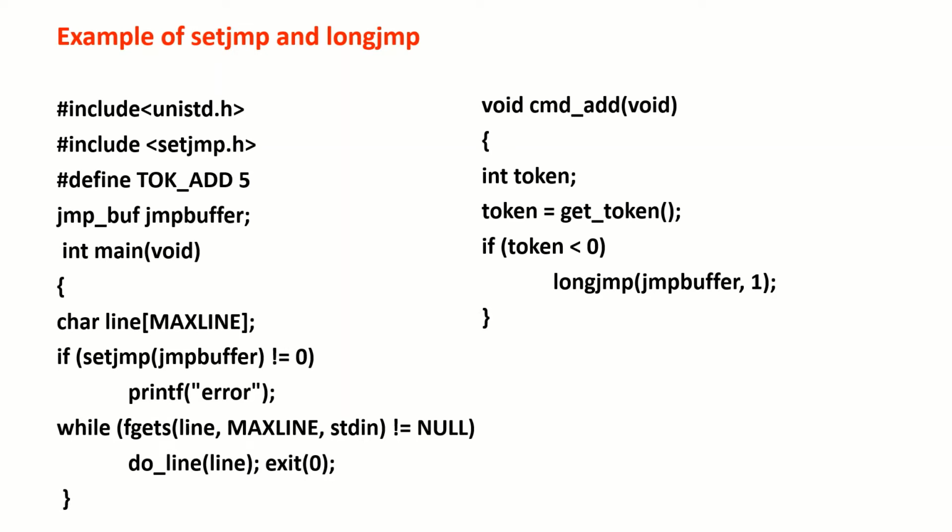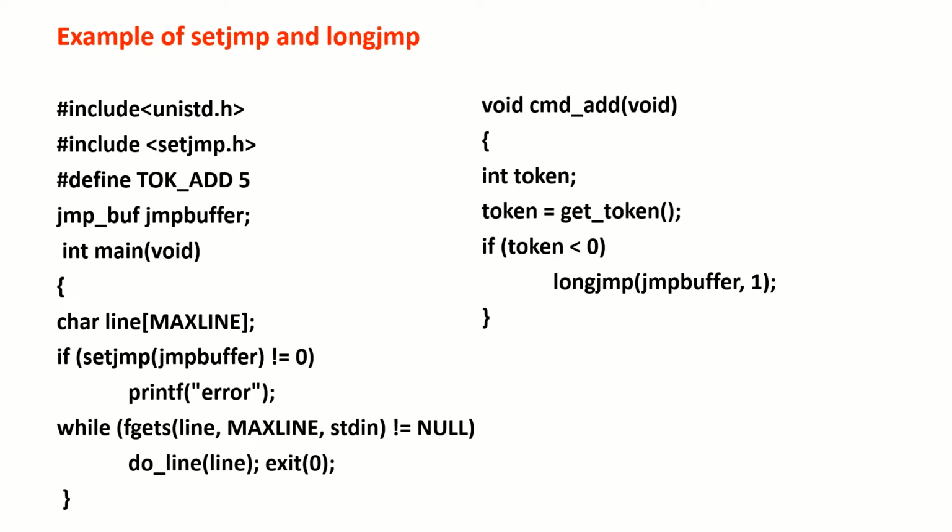longjmp function. The process resumes execution by re-executing the setjmp statement in the target function that is marked by env. The return value of a setjmp function is the value of val as specified in the longjmp function call.